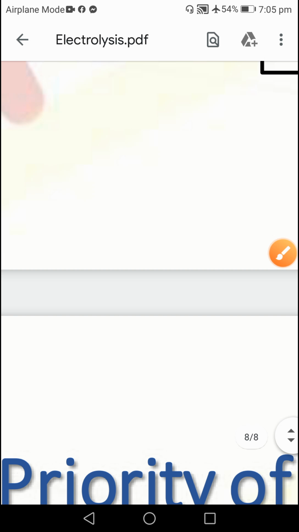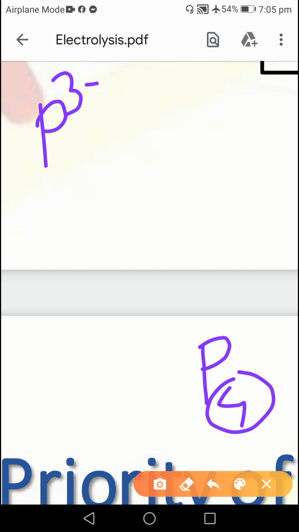Now, phosphorus has the charge of P3 minus. If I tell you to write a discharge equation of phosphorus and you have to form P4, can you write it? I guess you can. Still, here it is 4, so write it 4 times. So P3 minus, a negative charge, means anion, and anions are oxidized.